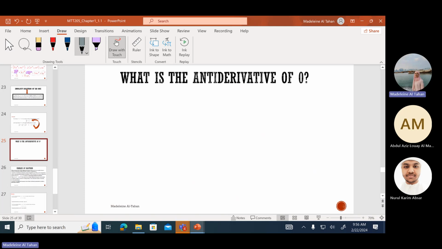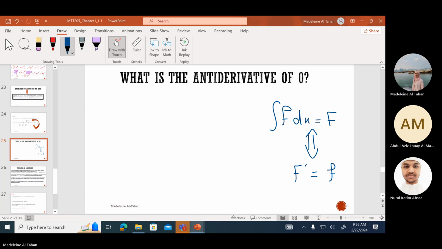We know the derivative; what about the antiderivative? What's the antiderivative of zero? Just zero? So what do we mean by antiderivative? When we say the antiderivative of f is F, it means F prime is equal to f.